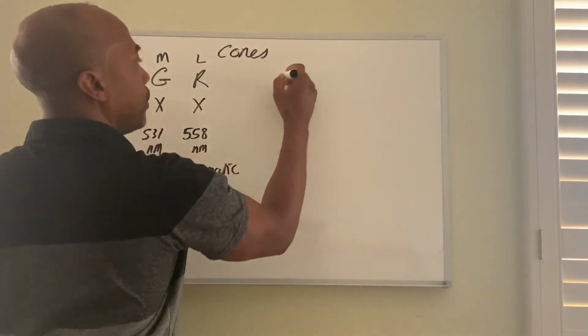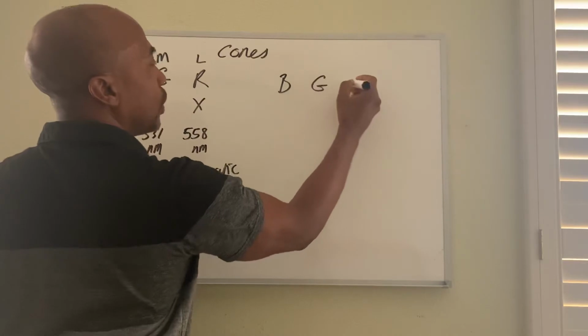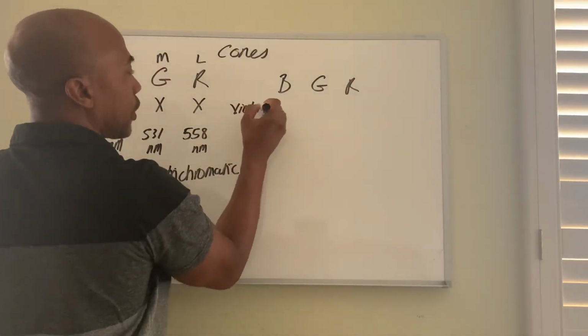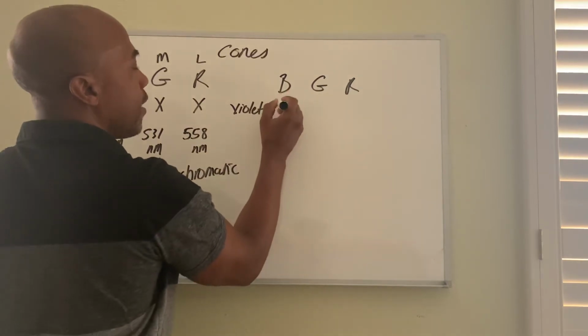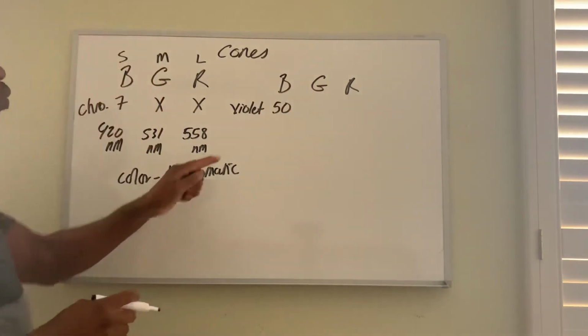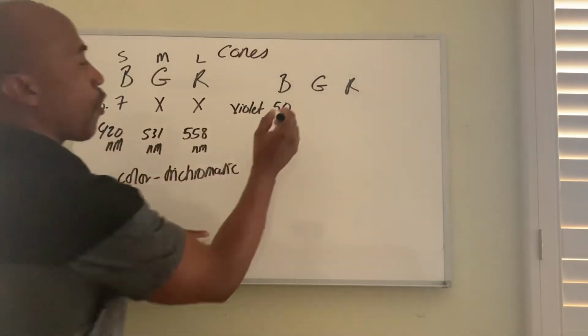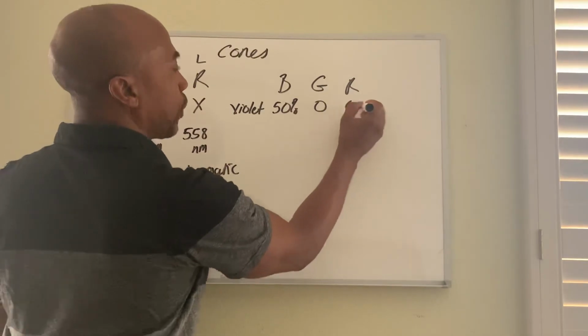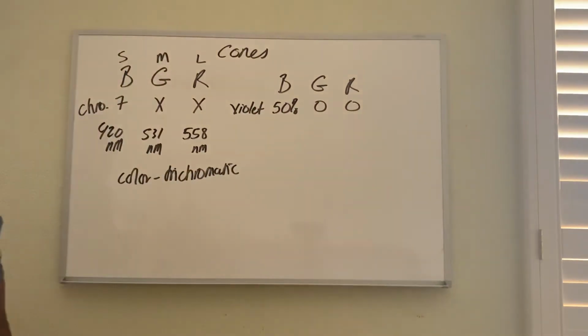So again, you have blue cones, green cones, red cones. To perceive violet color, half of your blue cones will be at 50% activation, green cones at 0, red at 0. This will give you the violet color.